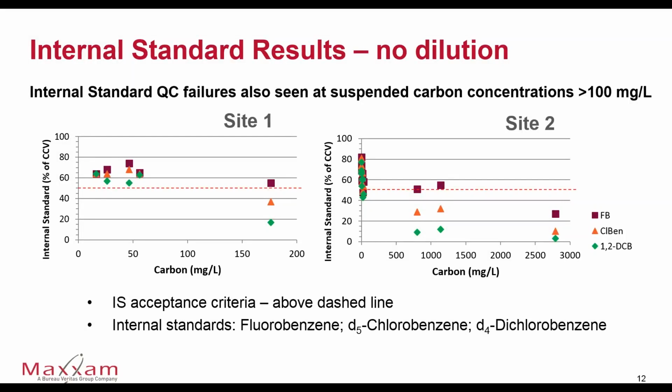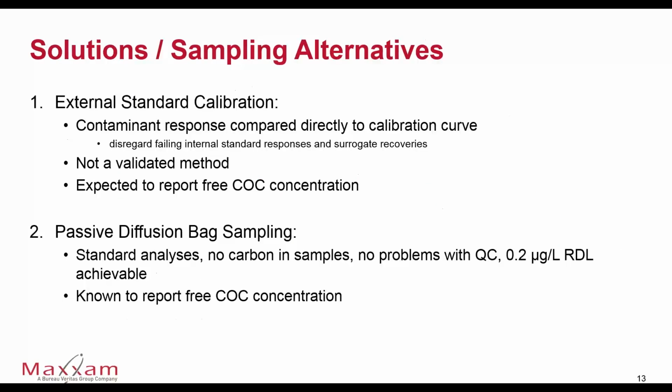This is the other set of standards that we put in, the internals, and again it was about that 100 milligrams per liter that the results came back below the dashed line, which is our acceptance criteria. So again, this confirms that 100 milligrams per liter is where we start to see problems.